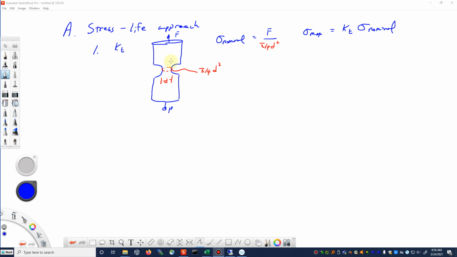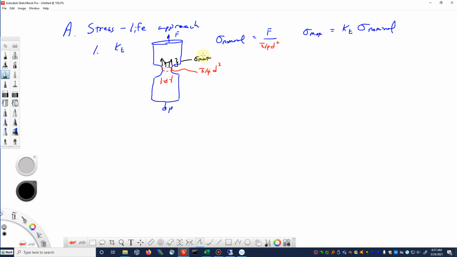Now if we were to look at the stress distribution in this bar, on the edge of the notch, it would be elevated, but it would come down here like so. So that value would be the location, sigma maximum.